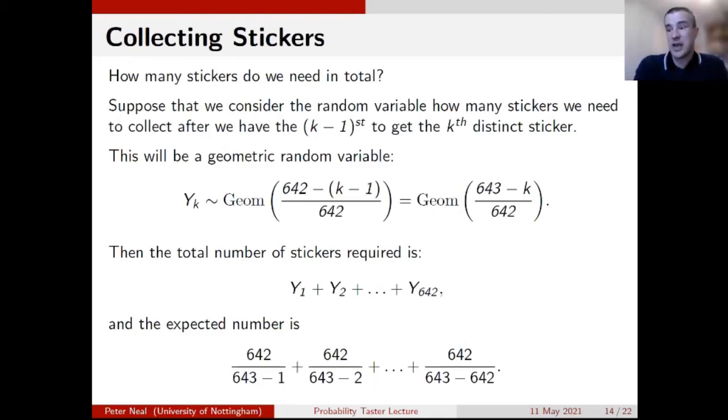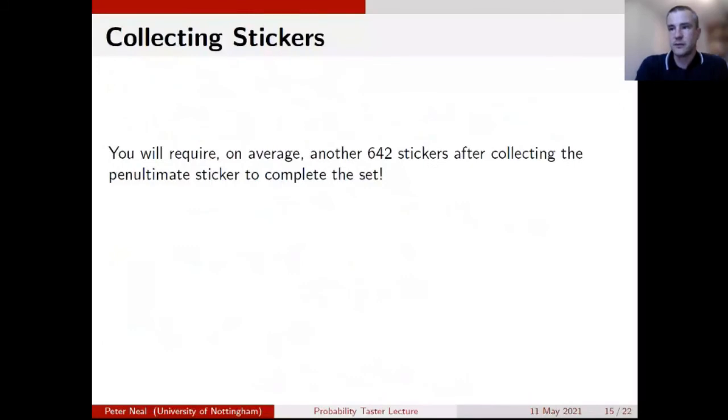So we can see the first term here is 1. The second term is just a bit bigger than 1, 1 plus 1 over 641. But by the time we get to the 642nd term, it's 642. And what we know is that on average, it's going to take us 642 stickers to collect the penultimate sticker in our set.